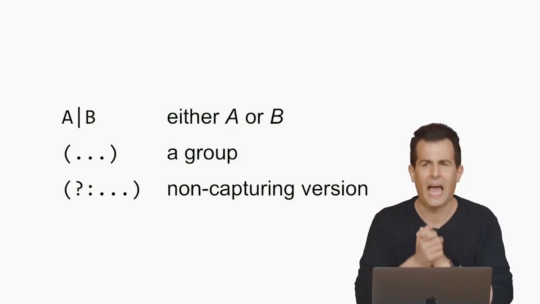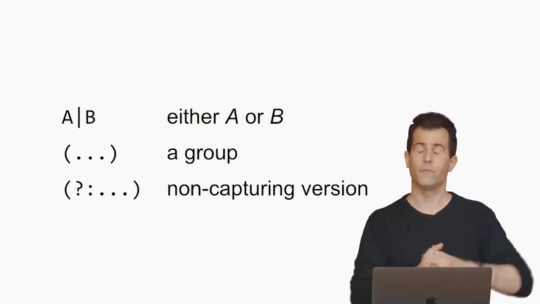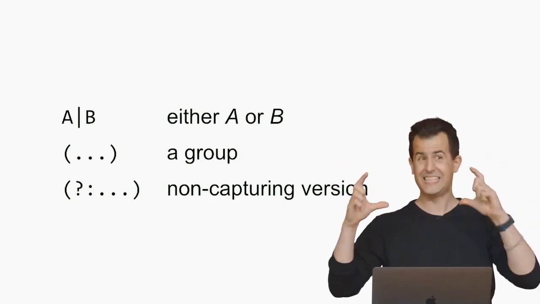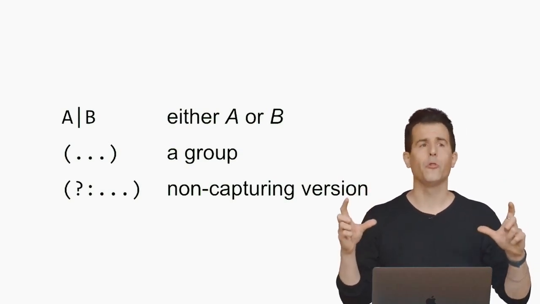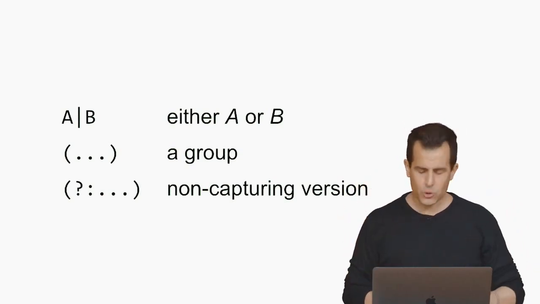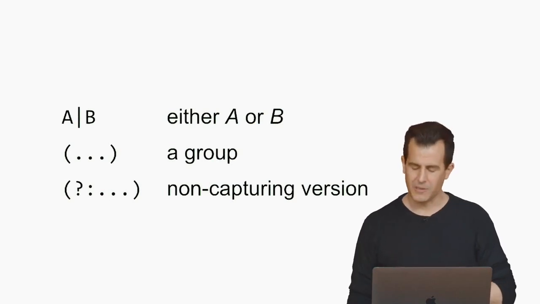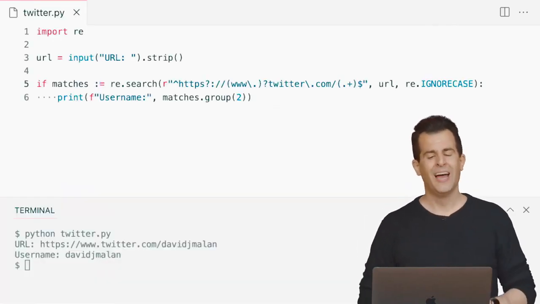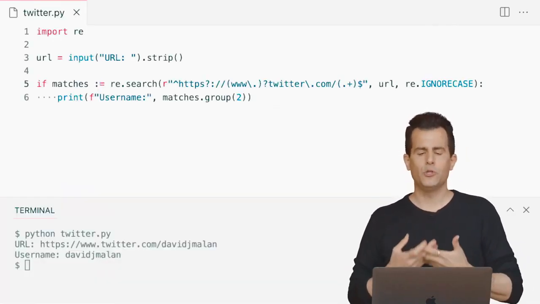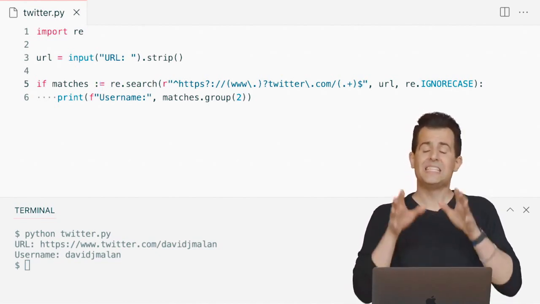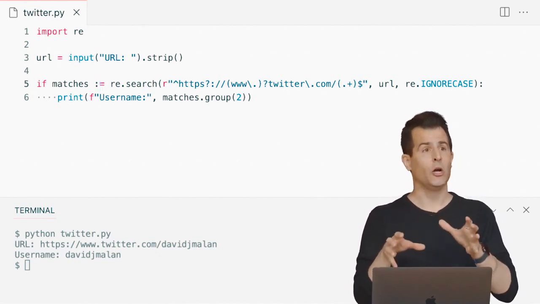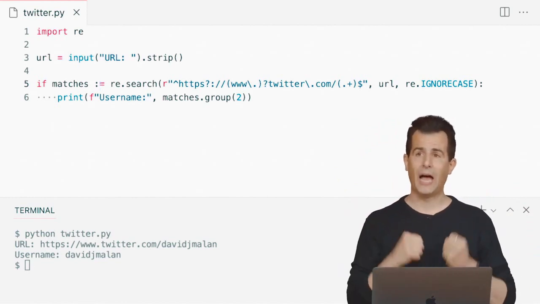There is a non-capturing version of parentheses if you want to use parentheses logically, because you need to, but you don't want to bother capturing the result. And this would arguably be a better solution here because, yes, if I go back to VS Code, I do need to surround the www dot with parentheses, at least as I've written my regex here, because I wanted to put the question mark after it.